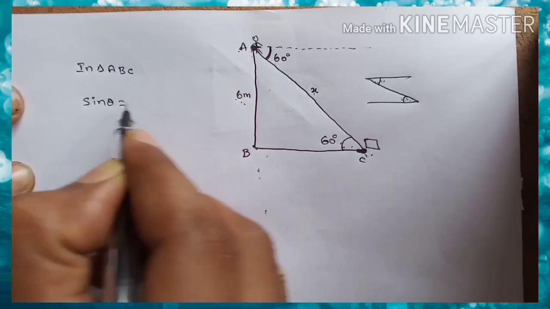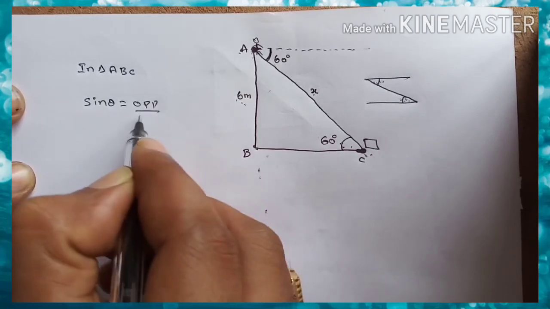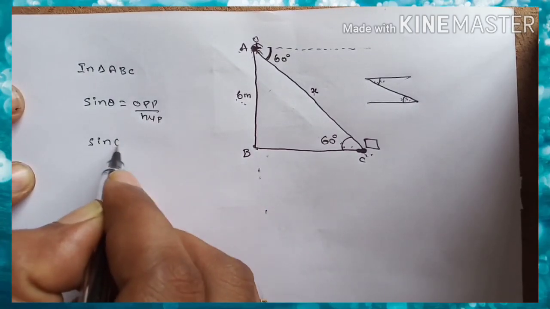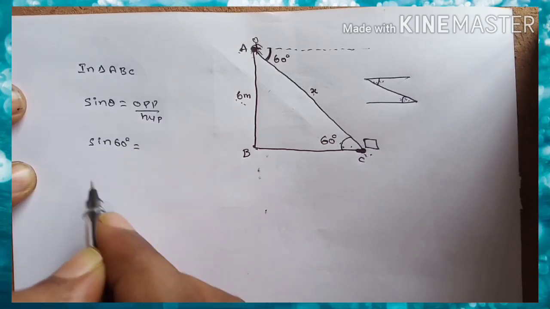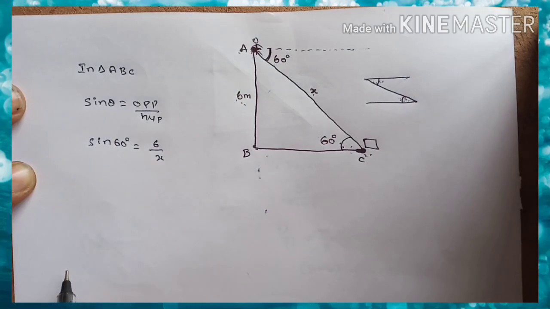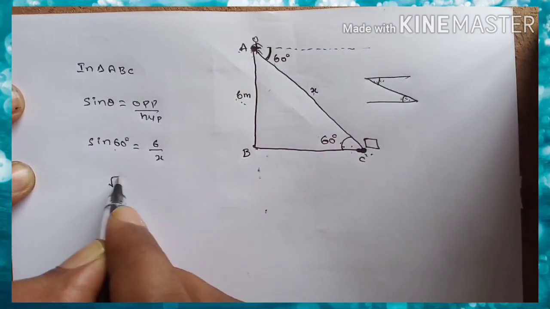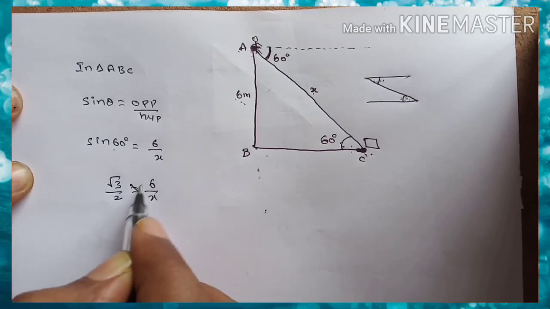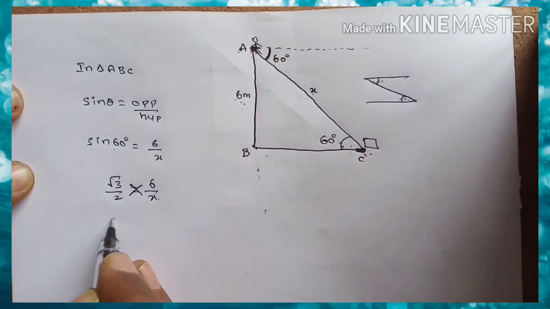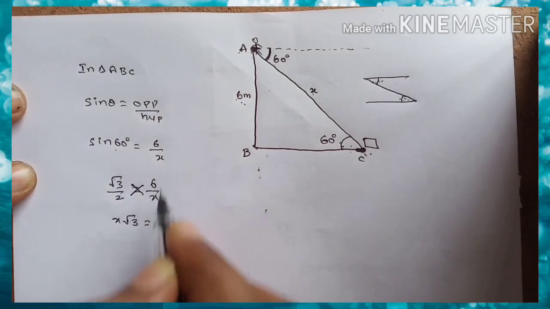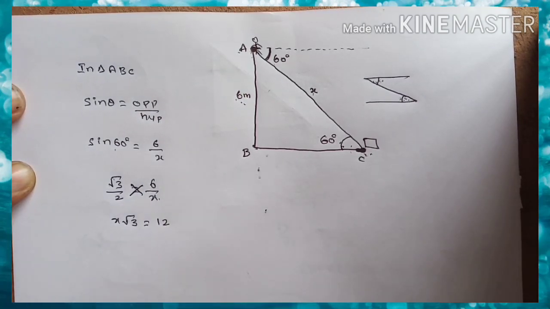Sin theta is equal to opposite side by hypotenuse. Sin theta, with the given 60 degrees, opposite side 6 by hypotenuse x. Sin 60 value is root 3 by 2, equal to 6 by x. Apply cross multiplication: x root 3, 2 into 6 is equal to 12.